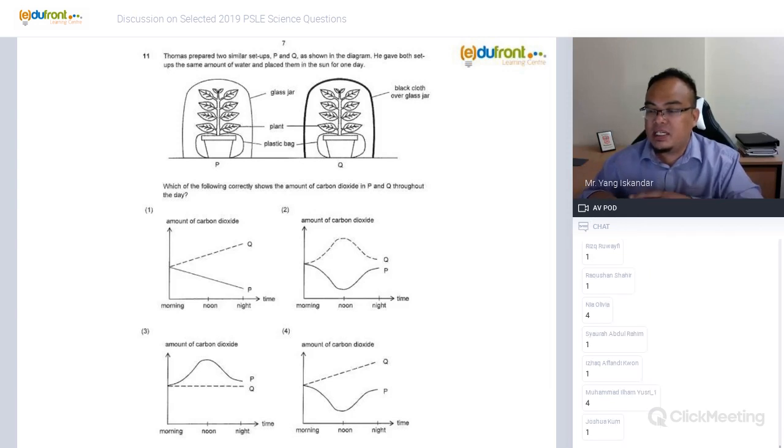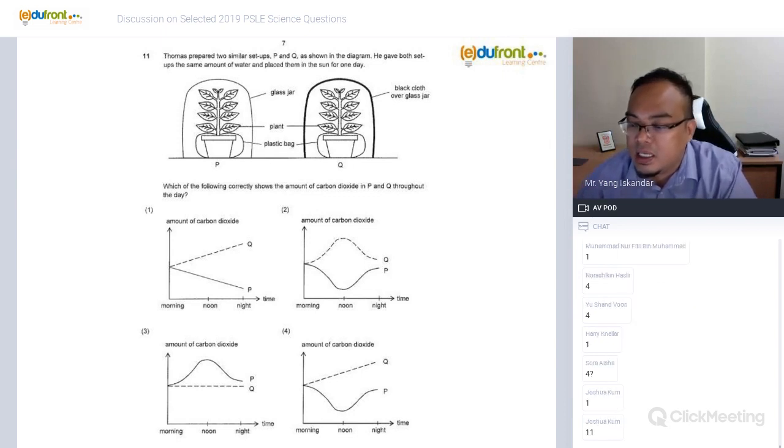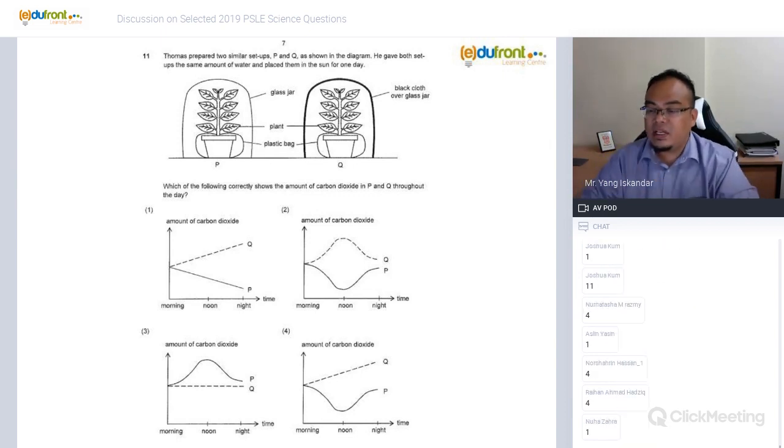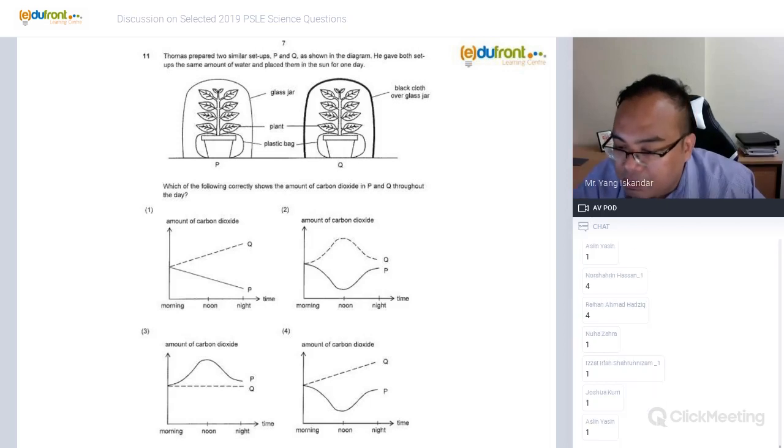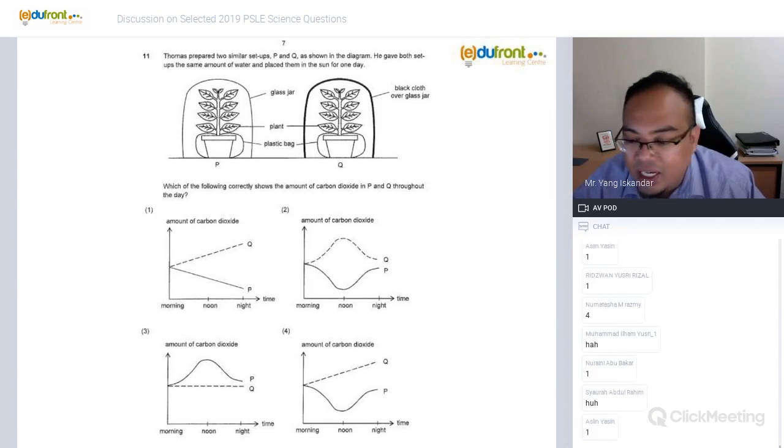Roshan C number 1, Riz number 1, Shawra number 1, Sam number 4, Joshua number 11. Number 5. Nobody says number 2, number 3. Now please look carefully again. I give you all 20 seconds more. Look again and see whether you want to change your answer.